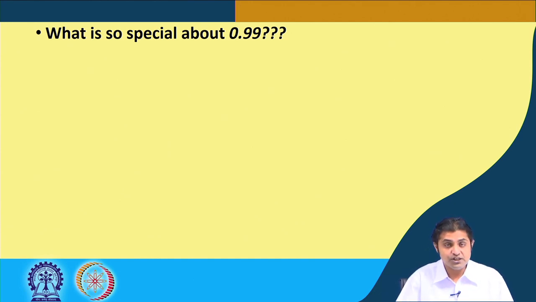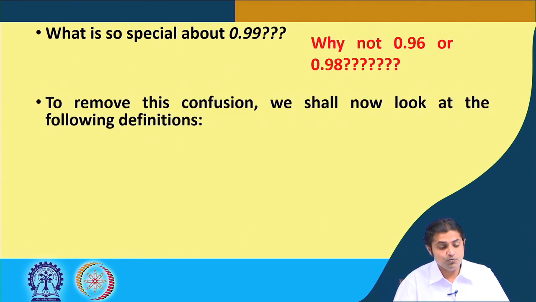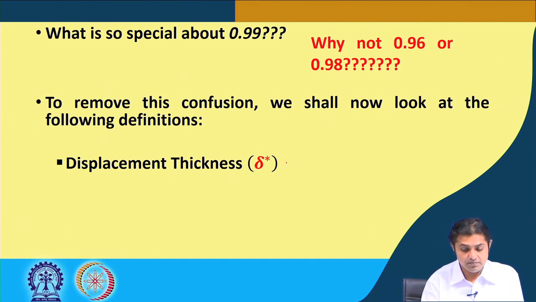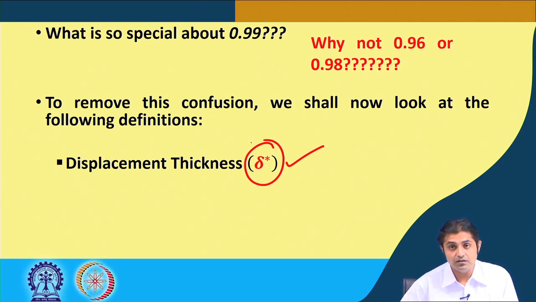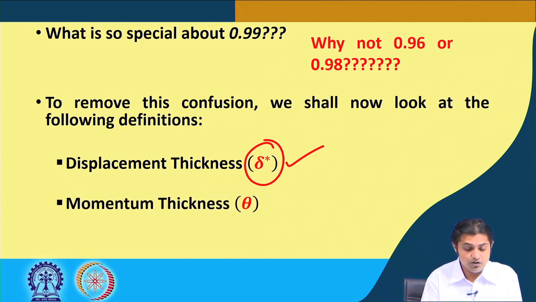So, what is so special about 0.99? Why not 0.96 or 0.98? To remove this confusion, we will now look at some of the definitions. One is displacement thickness, given by delta star, a very important term in this particular module of hydraulic engineering. There is another thing called momentum thickness, which is called theta.